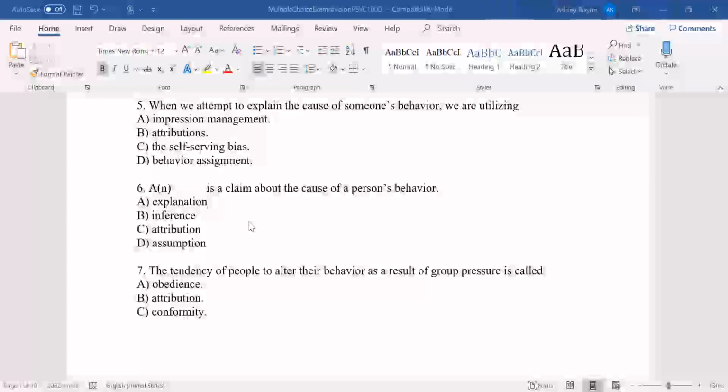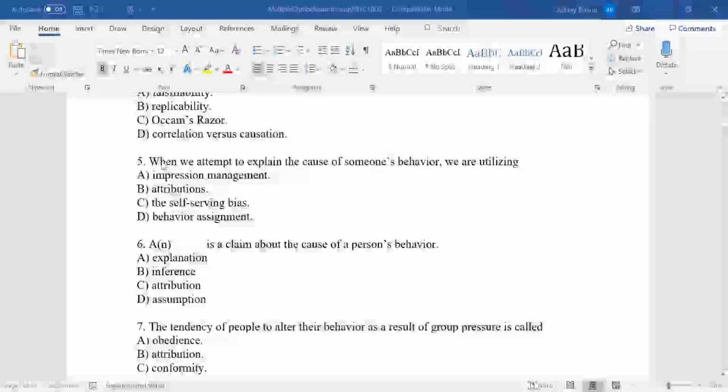Okay, so Danica is right. The answer is B. An attribution is the reason we give to explain our behavior or someone else's behavior. So the answer for number 5 would be B.